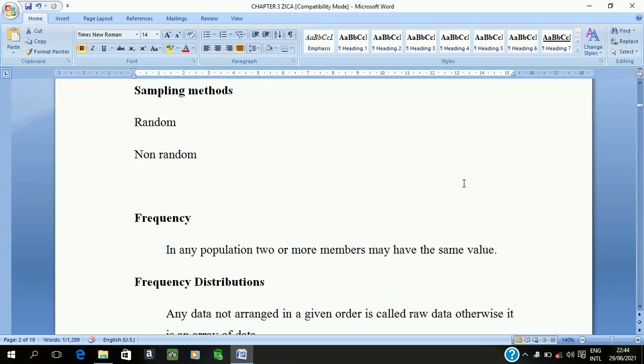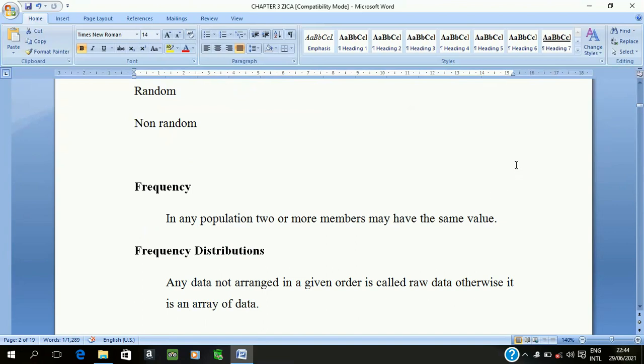Let's look at what a frequency is. If in any population you have two or more members that have the same value, then you have a frequency. Frequency simply means the number of times each value appears in a distribution.